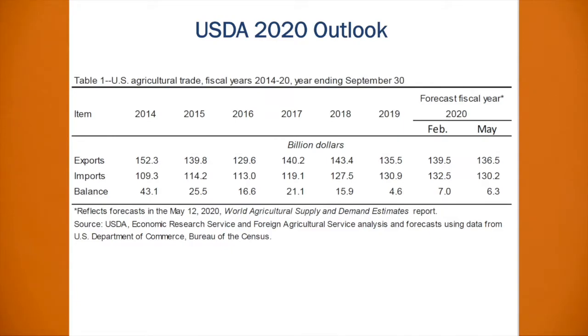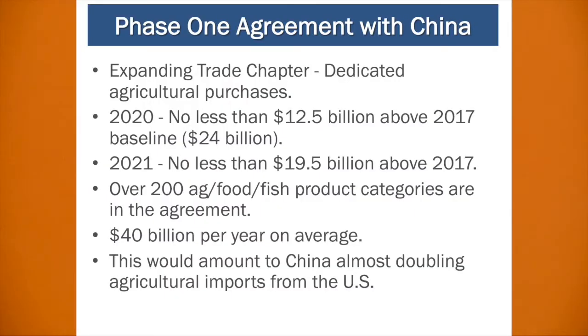What are the things driving this expected increase? A big part of that is what I'm showing on the next slide, and that is the phase one trade agreement with China, the first time a country has committed to dedicated agricultural purchases in a trade agreement. What the Chinese have committed to amounts to about a 100% increase in U.S. agricultural exports to China compared to 2017, which was before the trade war.